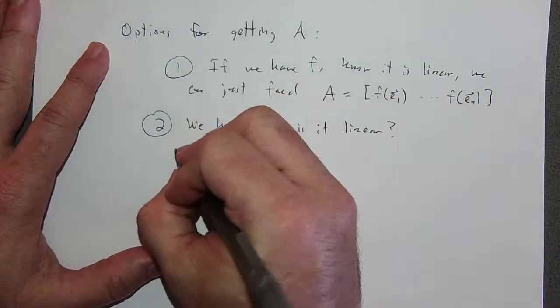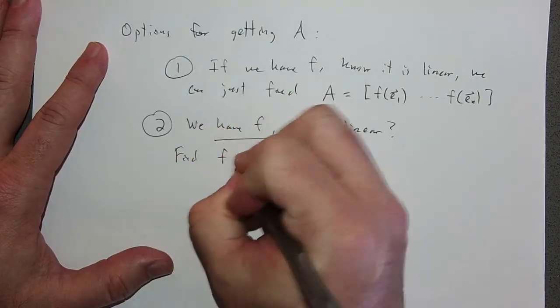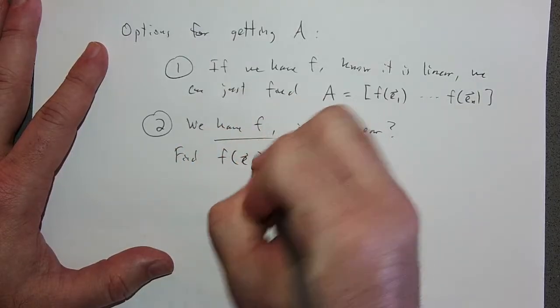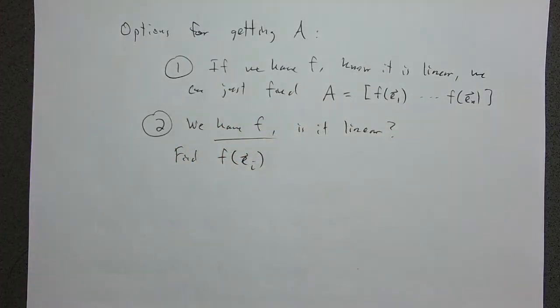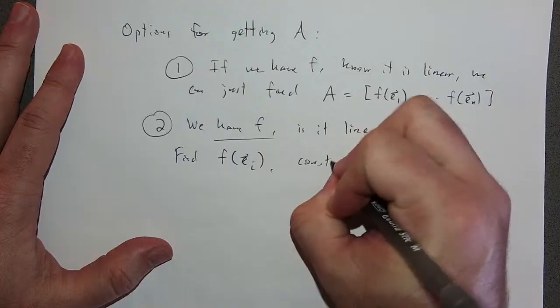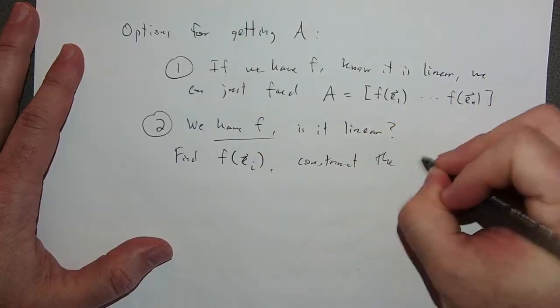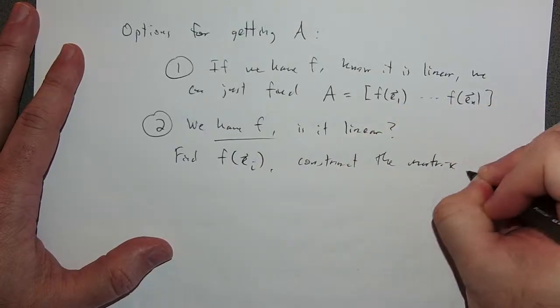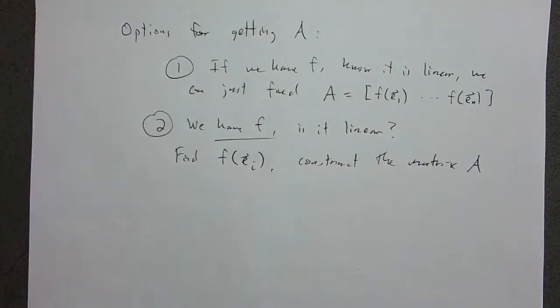We can still find each of these things. We could see what f does to each of these standard basis vectors. Then we could construct the matrix in this same fashion. And then we could ask whether or not this matrix does what f does.